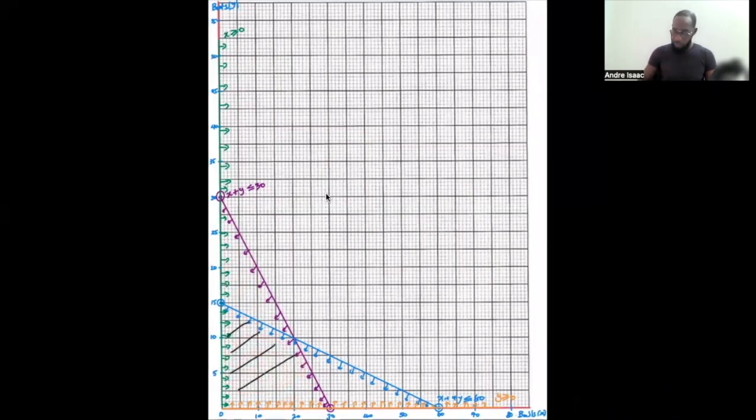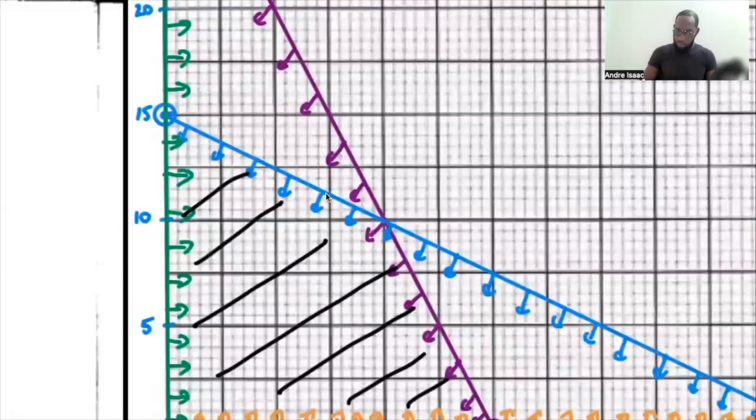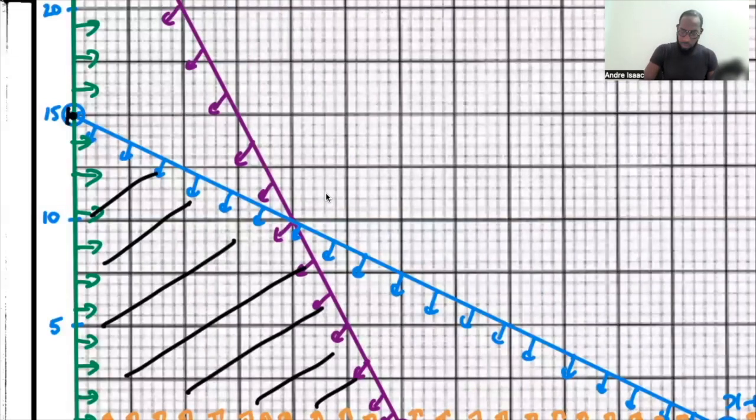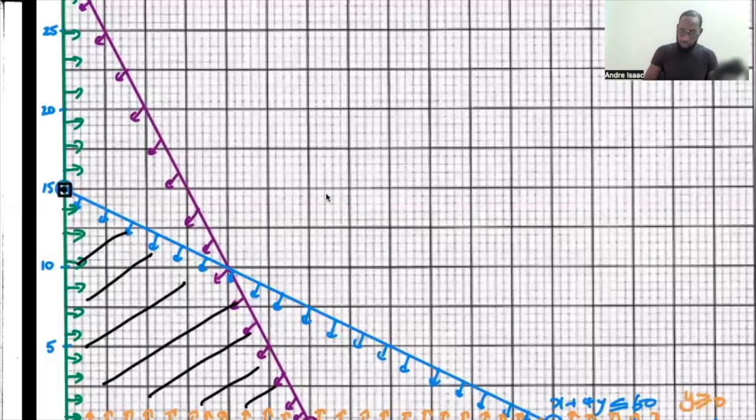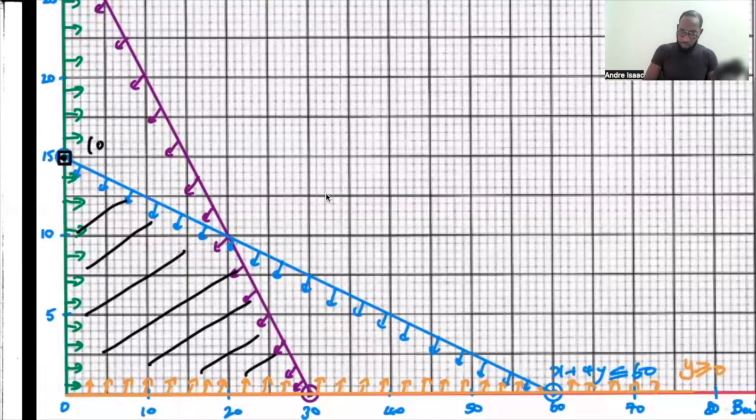So right inside here represents the shaded region. And let me deal with this here. That is 0, 15, 0, 15. This here, 0, 0. Really significant here is 30, 0.